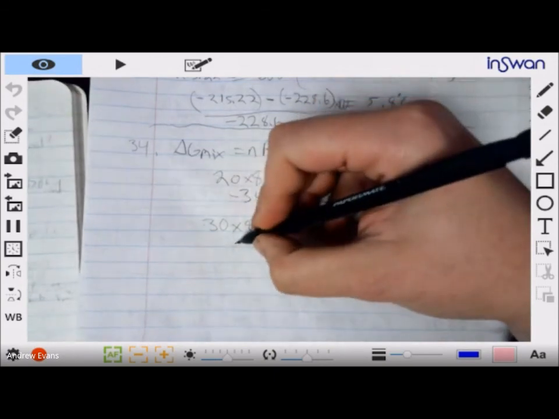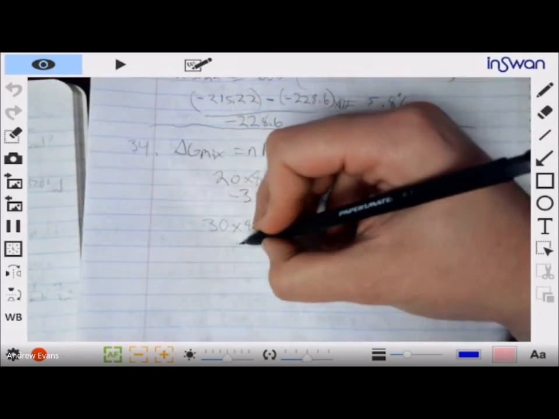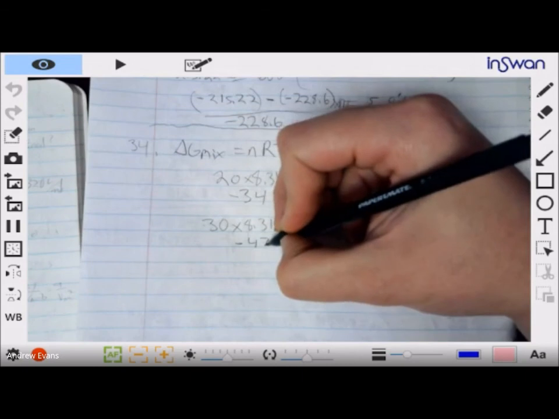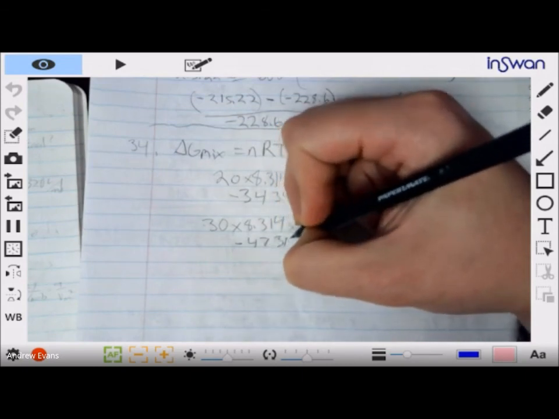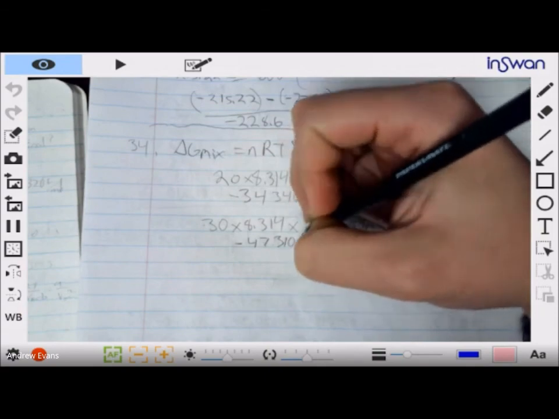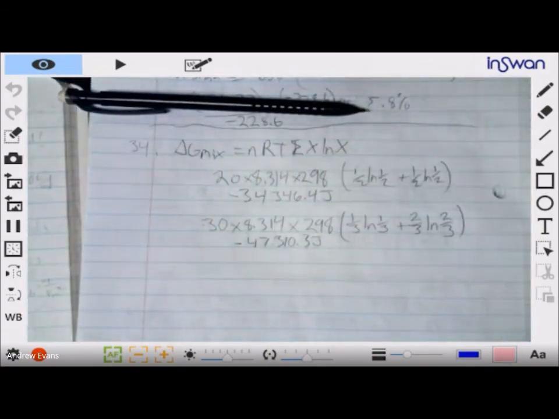Calculate that, and we would get the Gibbs is increased a little bit to negative 47310.3 joules.